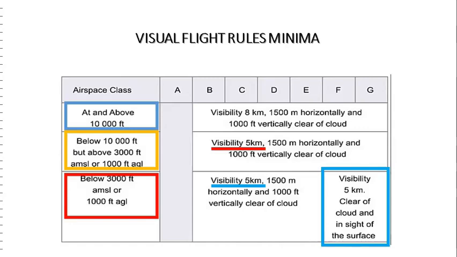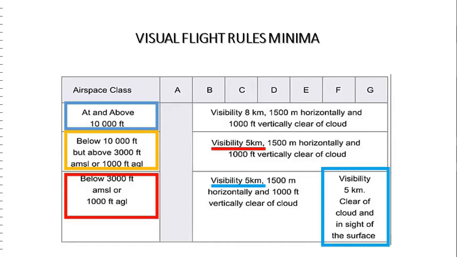You have to understand that if you are at and above 10,000 feet, then you need higher visibility, that is 8 kilometers. If you are below 10,000 feet but above 3,000 feet, you need visibility of 5 kilometers. Suppose you are below 3,000 feet, you are closer to the terrain, or 1,000 feet AGL, whichever is higher, this condition is applicable.